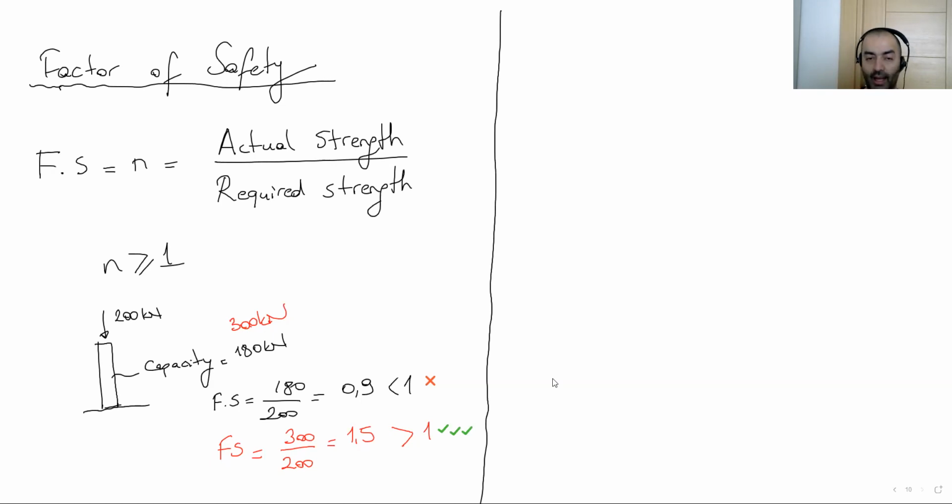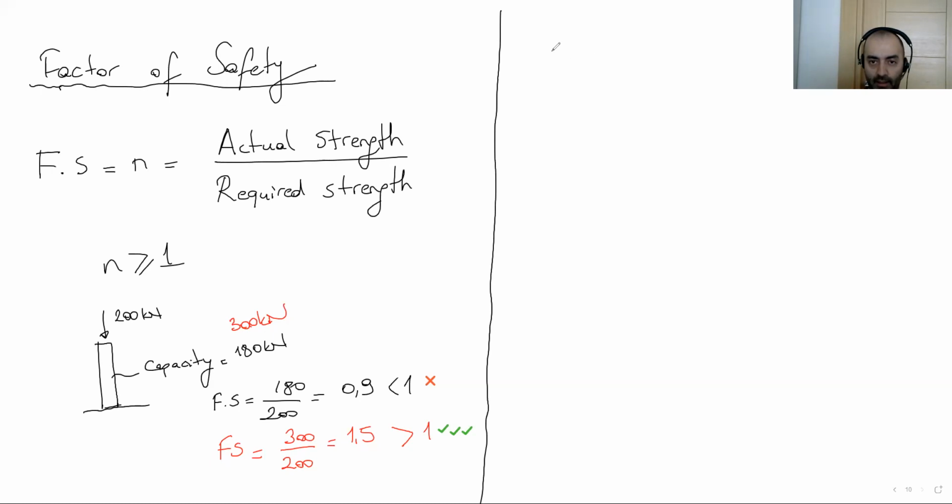In design, we will see allowable stresses. You're going to hear about the allowable stress too many times in this course. Let me show you what it is here.